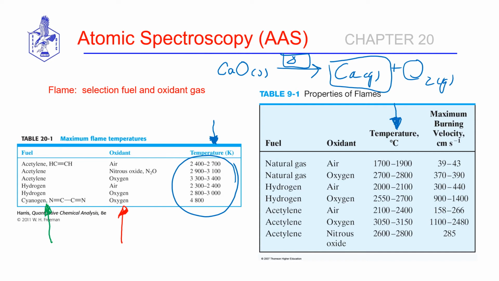And here's the last thing that I was talking about with the burner nebulizer system. You also have to pay attention to the burning velocity of those combinations of gases. You'll notice that some of these that get us to the hotter temperatures, such as acetylene-oxygen, actually have a very fast burning velocity.